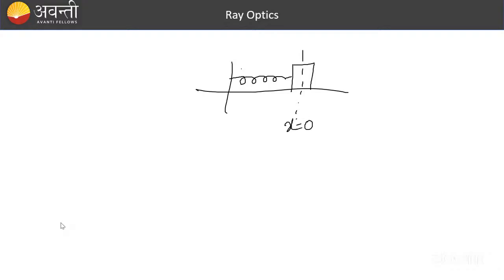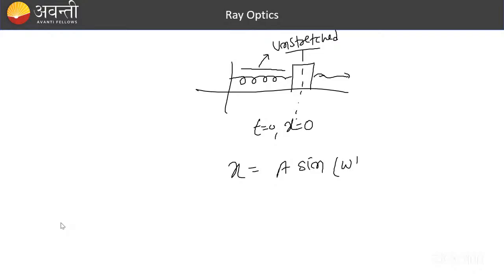And in that case, we say that this spring is not stretched. So this is basically unstretched at equilibrium position of the body. Okay? And if body initially at t equal to 0 is at x equal to 0, then displacement of body as a function of time t, when it will start moving, can be written as a sine omega t.